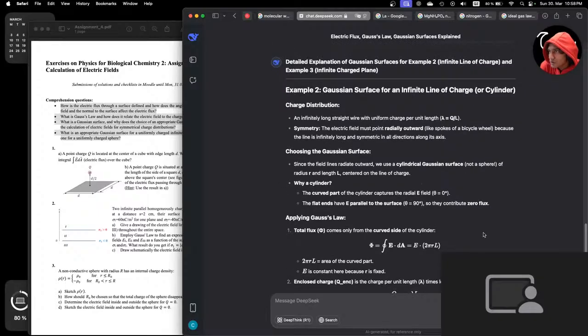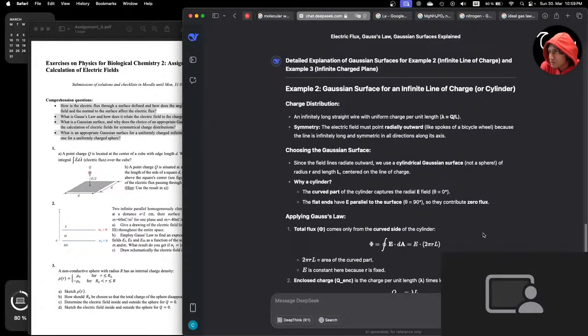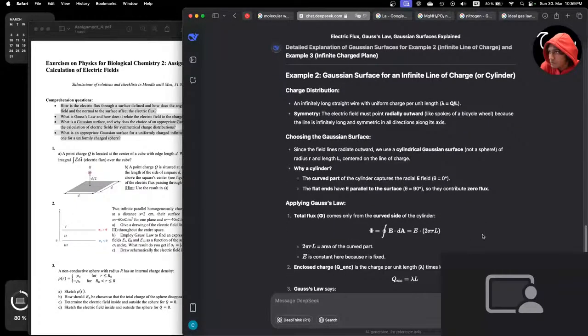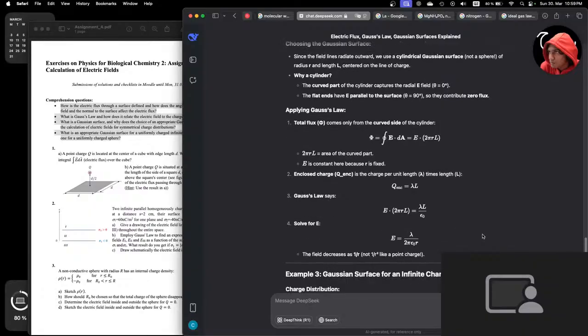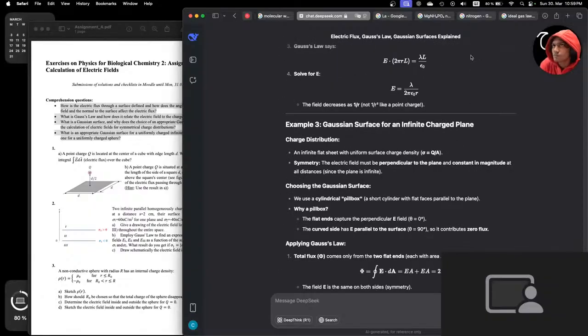Since the field lines radiate outwards. Okay. I get it. I get something.